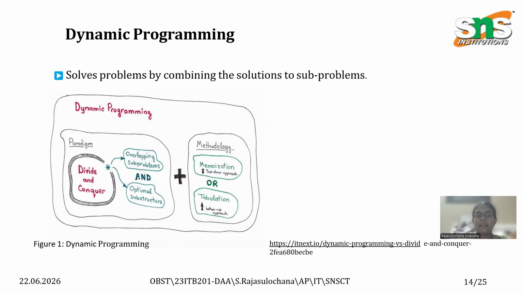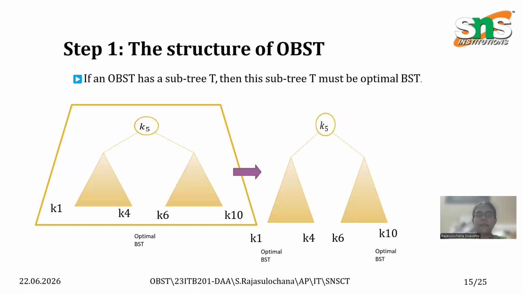Here is a dynamic programming approach which is used to solve this particular problem. It solves the problem by combining the solutions to the subproblems. That is how a dynamic programming approach works, which we have seen in the earlier lecture videos. It uses memoization as well as the tabulation technique. The first step is the structure of OBST.